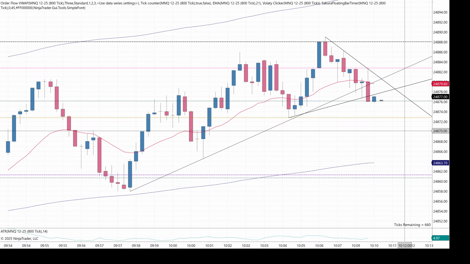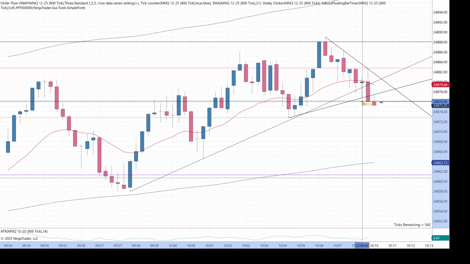All right, this is a bearish signal, but we got golden ruler right there.